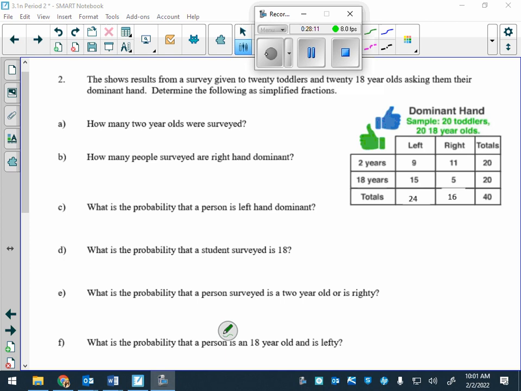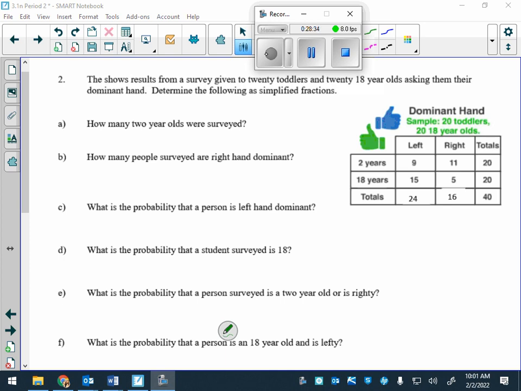How many righties are there? 16. Now, looking at that chart, is there two-year-old righties? How many? 11. So we have to subtract that.